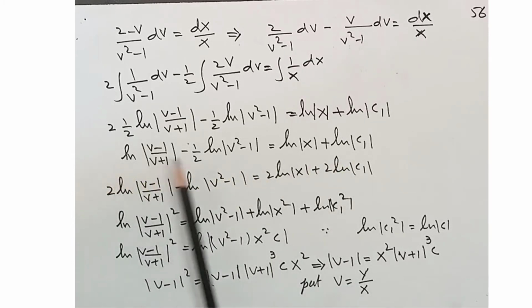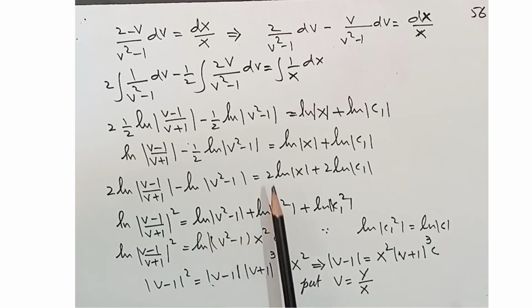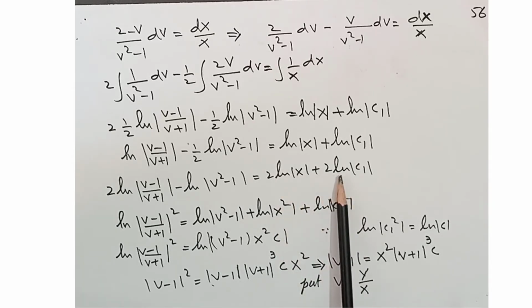By the property of log, this 2 becomes the power: log of v minus 1 divided by v plus 1 whole square, minus log of v square minus 1, equals, again by the property of log, log of x square plus log of c1 square. We put log c1 square equal to log of c.